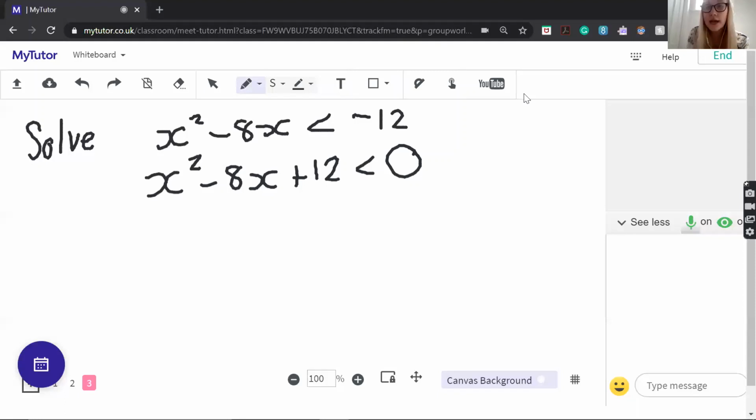So what we're going to do now is our favourite thing to do with quadratics. We're going to factorise it. People have started having a go at it. Yeah, people are getting this right, saying bring the minus 12 to the side and factorise. So what do you get if you factorise this one?